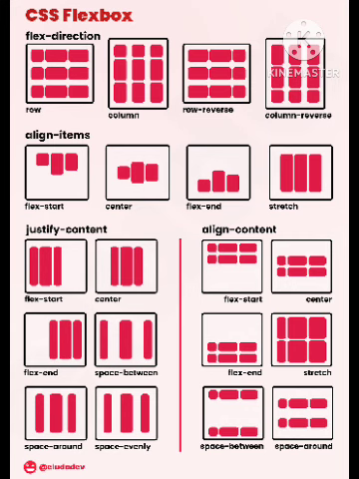So this is the order property. Mostly we won't be using this, but maybe for mobile kind of things it may be useful. You can also use negative values, so the smaller one comes first.